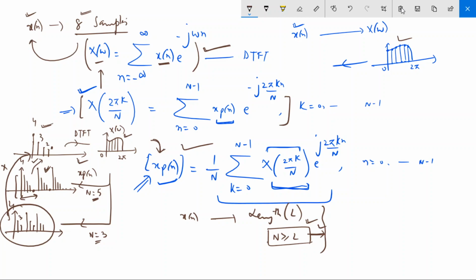Right now we have discussed the equation to recover the signal in time from the samples in the frequency domain, but we will develop a relation in which you can directly recover X(omega) from its samples. And then we will define formally what the DFT and IDFT are, and other properties.